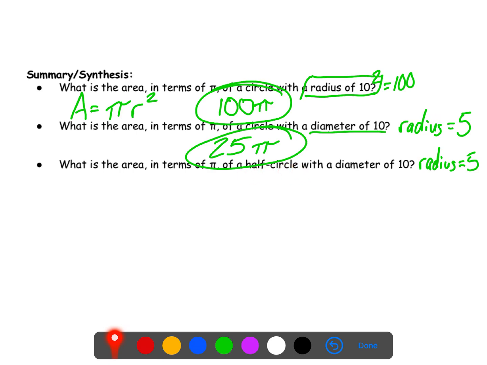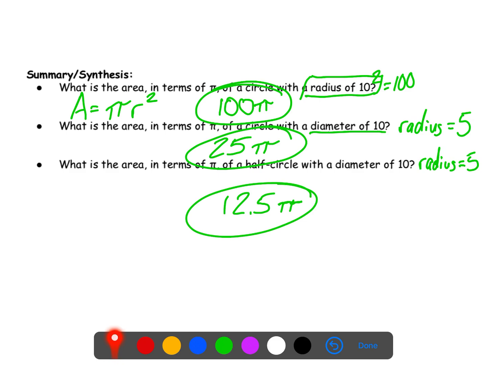So if we have the same diameter, the same radius, the area of the whole circle is going to be 25 pi again. If I only need half of that area, this is easy. I'm just going to take half of that area. I don't want 25 pi. I want 12.5 pi, because 12.5 is half of 25.